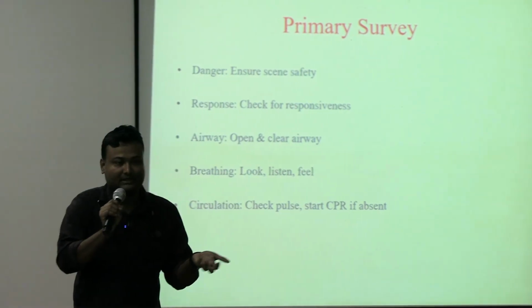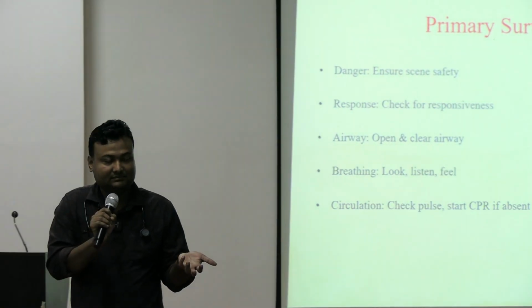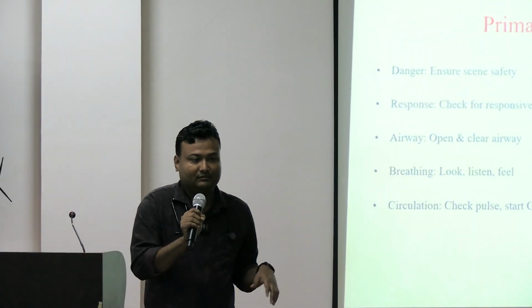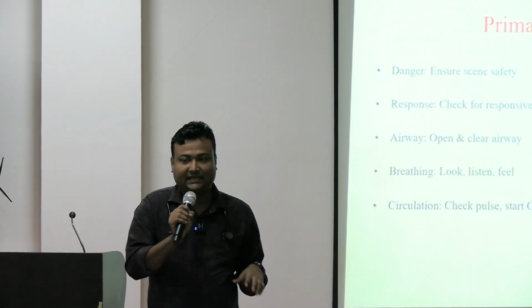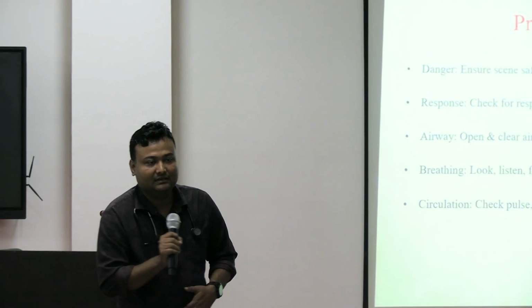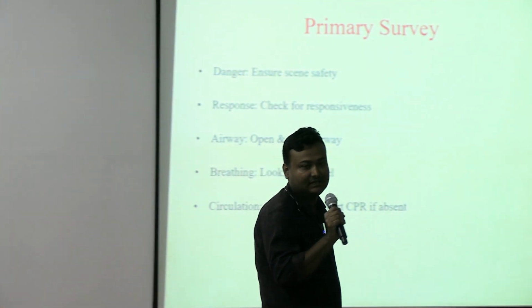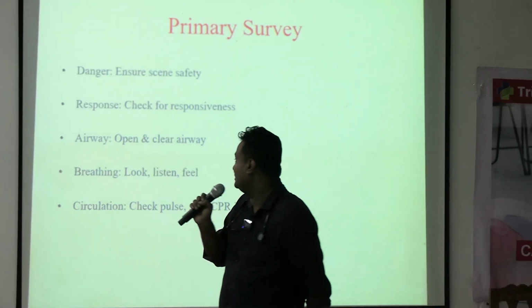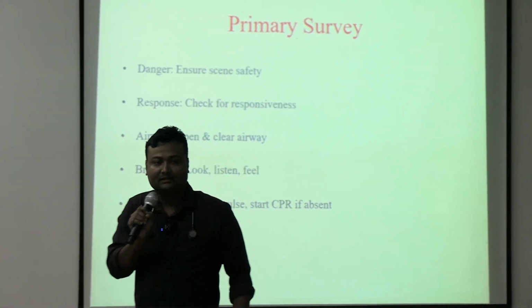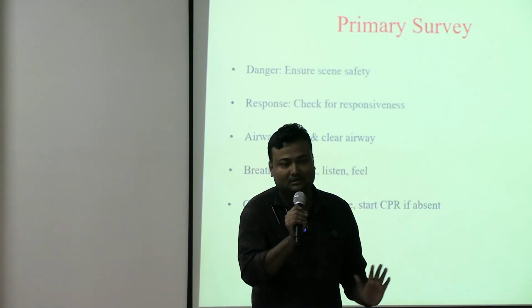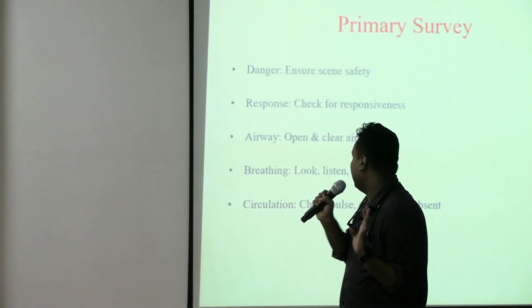I think you have already attended a class on CPR, and in that you learned about ABC: A for airway, B for breathing, C for circulation. That ABC itself is a primary survey. Suppose any patient collapses or has any sort of injury, we will do this primary survey.